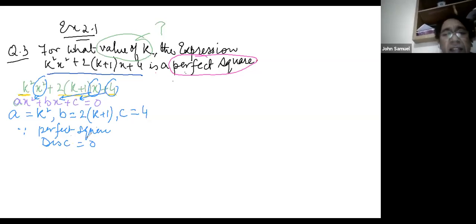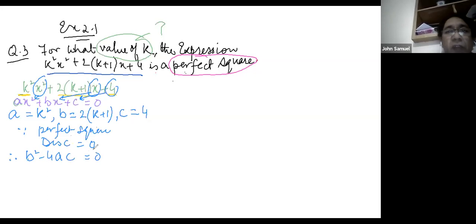If it is a perfect square, then the discriminant is equal to 0. You are already familiar with what disc is. Disc is b square minus 4ac. Therefore, we can say it is equal to 0.